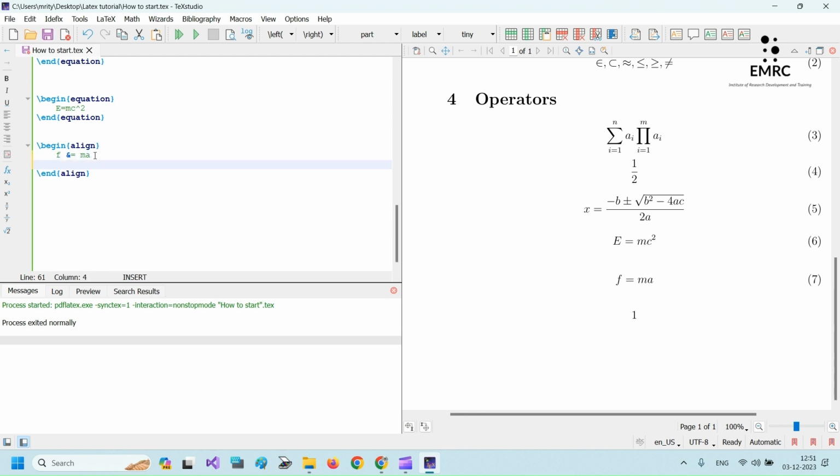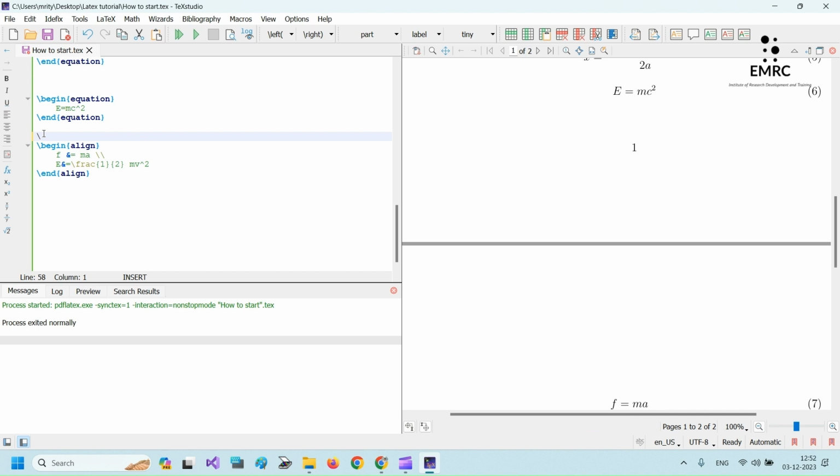Another equation is e, and equal to, suppose, frac 1 by 2, and then mb square.